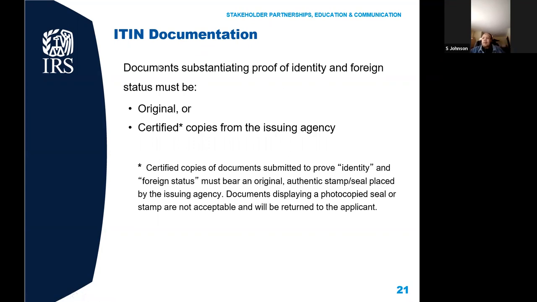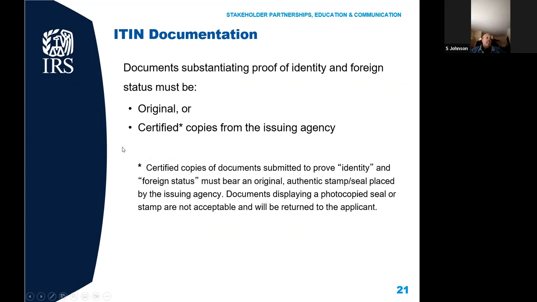They must bear the original, authentic stamp or seal placed by the issuing agency. Meaning that if you have a copy of your passport, that copy has to be certified by the consulate, or you request a copy from the particular agency of that government.